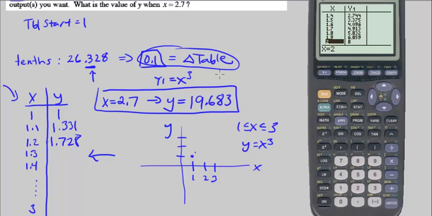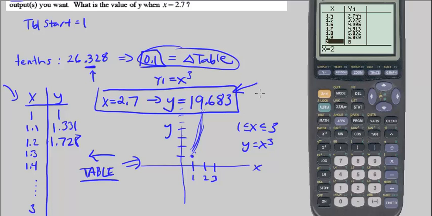At 2, it's 8, so it's all the way up here. I'm not going to be able to graph this very well given the space. But you can see using the table, we can use all these numbers to provide a sketch for our graph, and the calculator is going to help us do that.